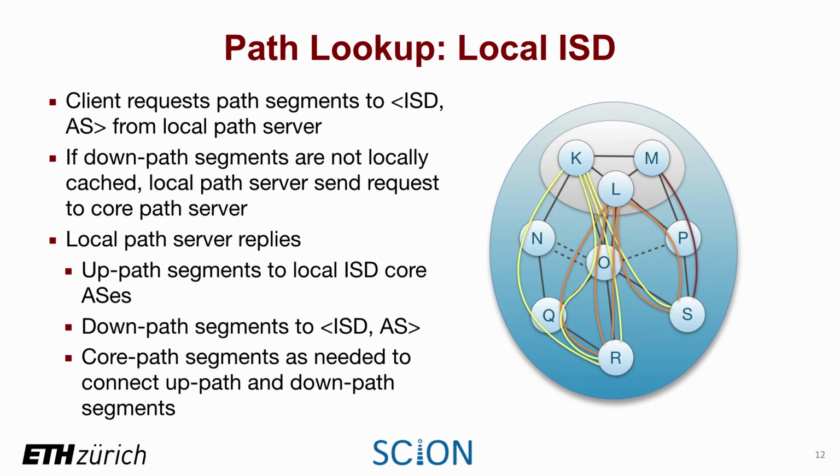So in order to enable communication end-to-end, we also need additional core path segments, which are shown here in blue, that will also be returned. And now the host in AS R has a lot of different ways to combine its up path segments with the core path segments and the down path segments to form end-to-end paths, as we're going to see in the video on the data plane.